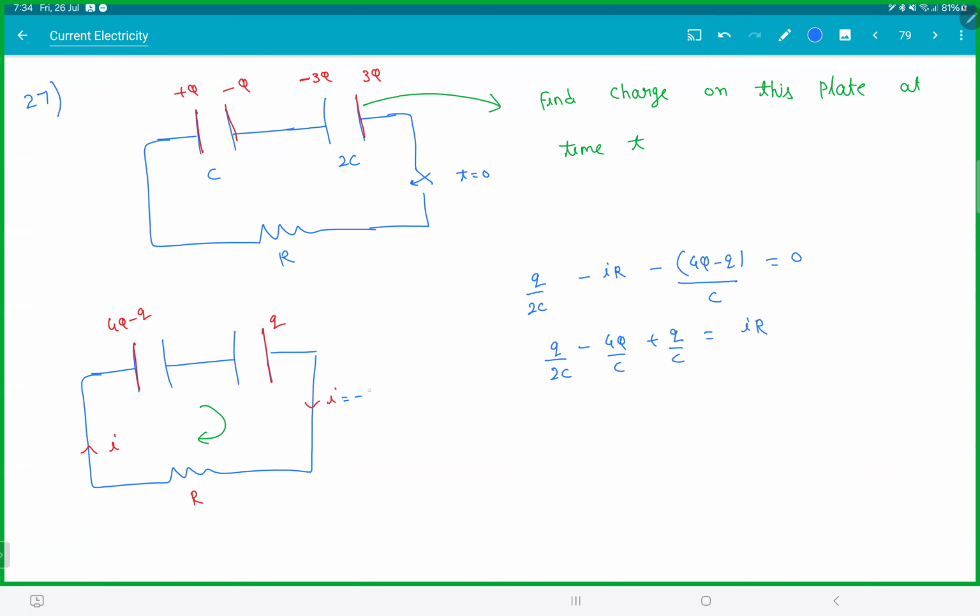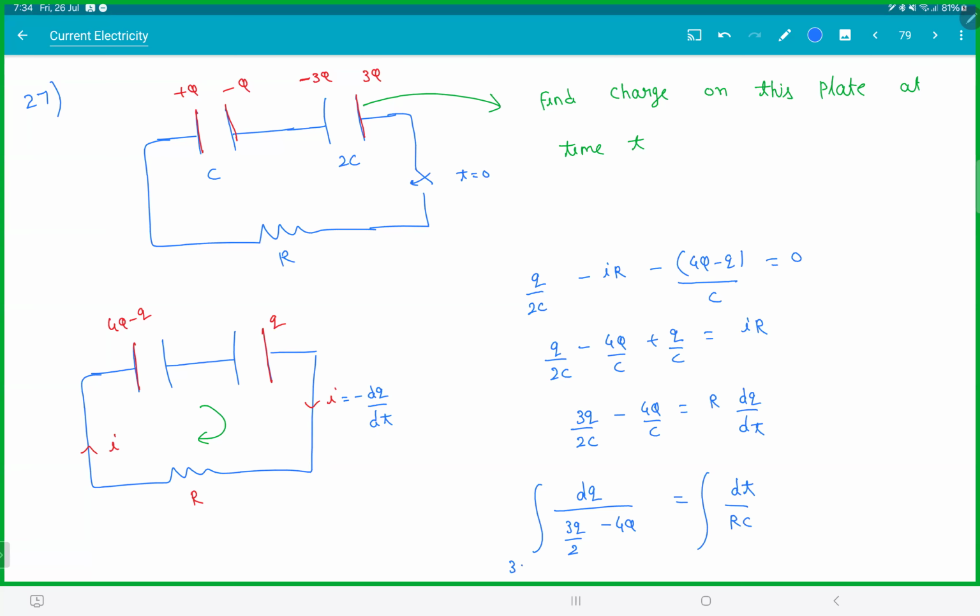And remember, I is minus dq by dt because charge is decreasing. This would be 3q by 2C minus 4q by C is R into dq by dt. So dq over 3q by 2 minus 4q is dt by RC.